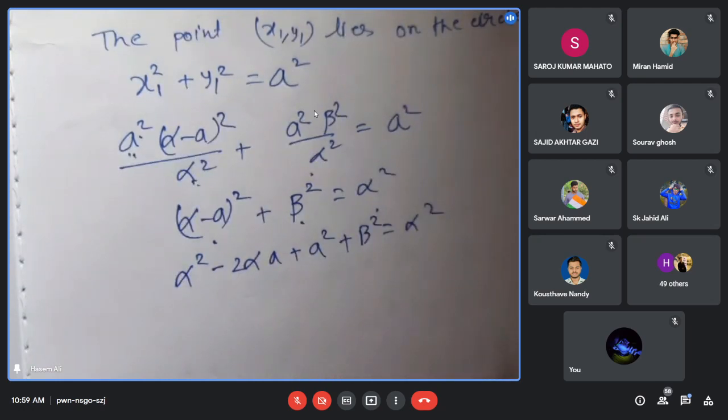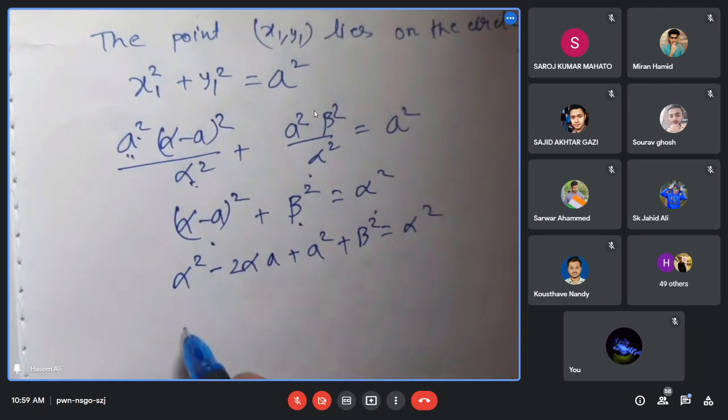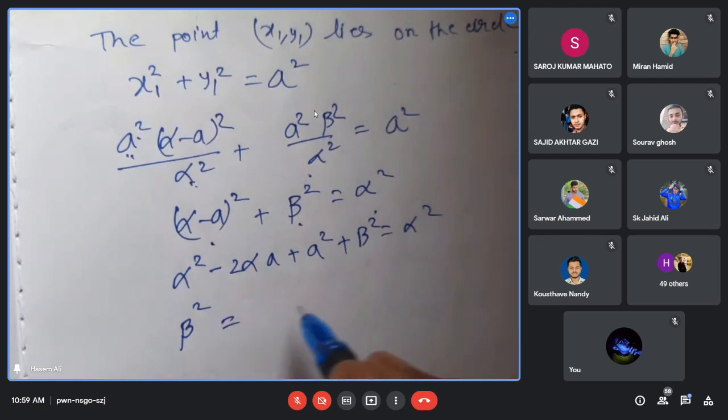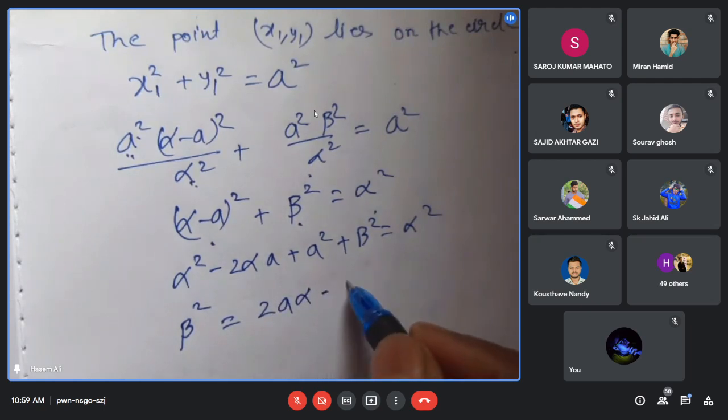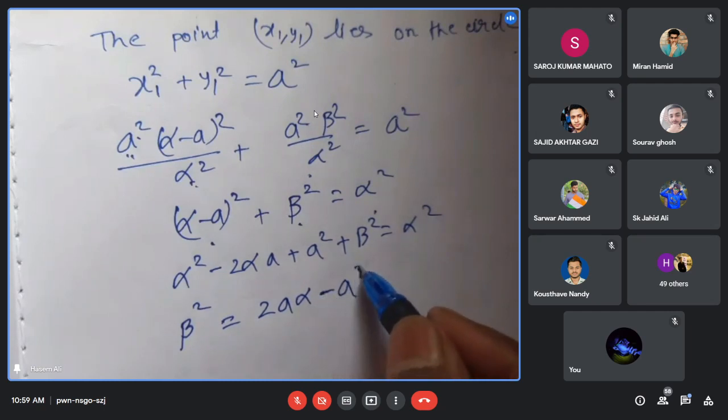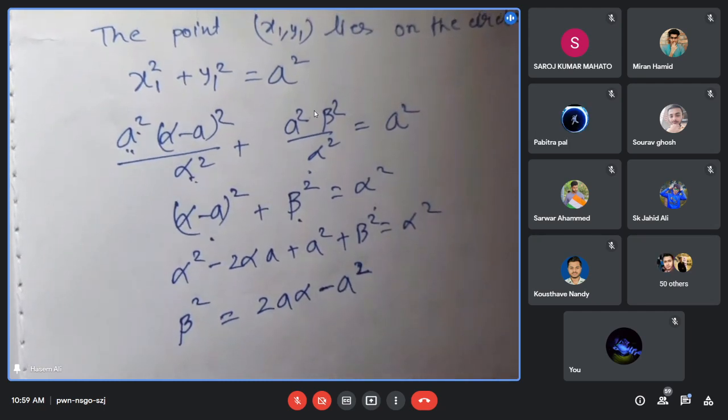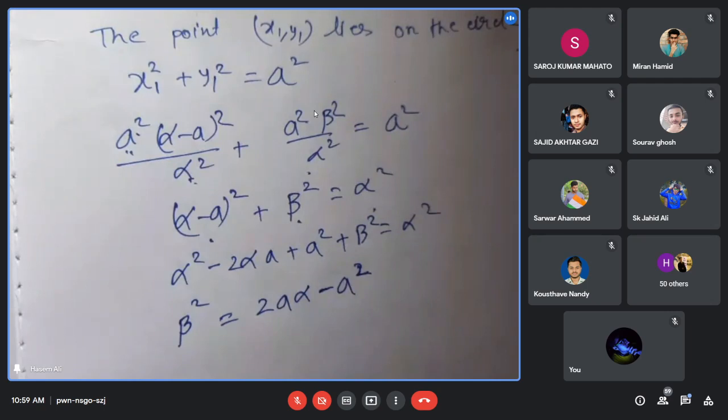So we have beta square equals 2a alpha minus a square. So this is a relation between alpha and beta.